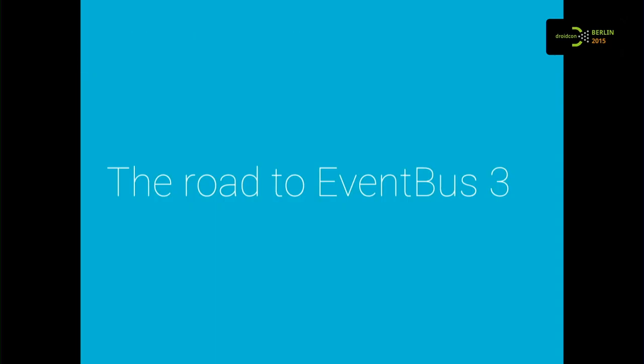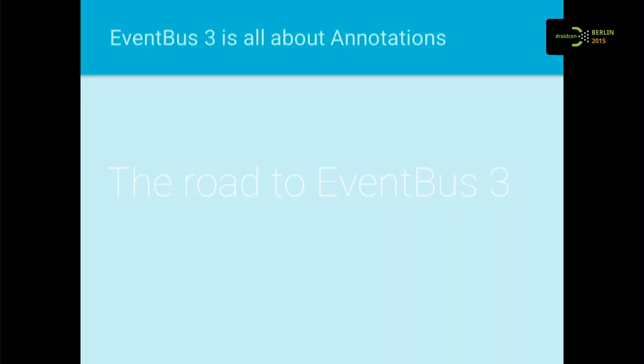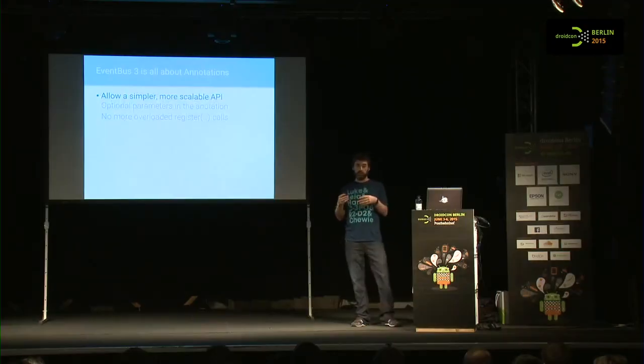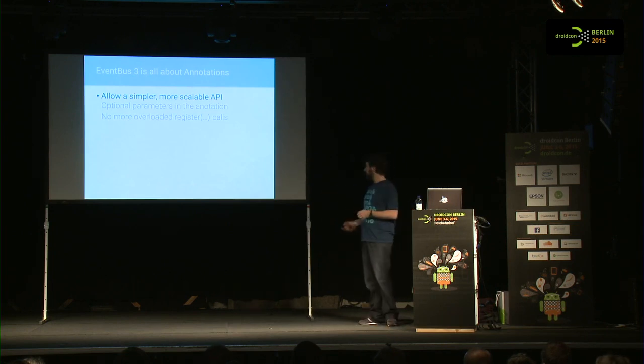So what's next? The central topic of Eventbus 3 is annotations. This is because it allows a nicer API. Usually we had lots of registration methods, but there's only one register method call now, because all the optional parameters go directly in the annotation.